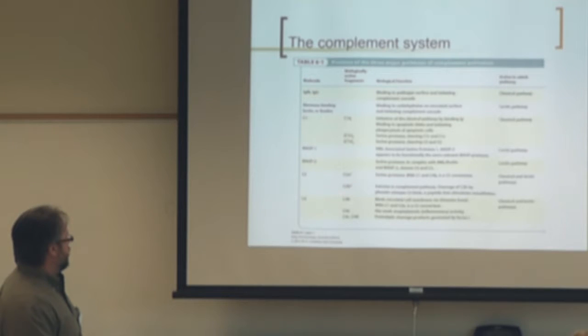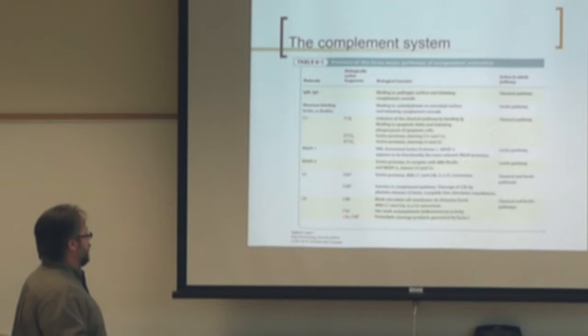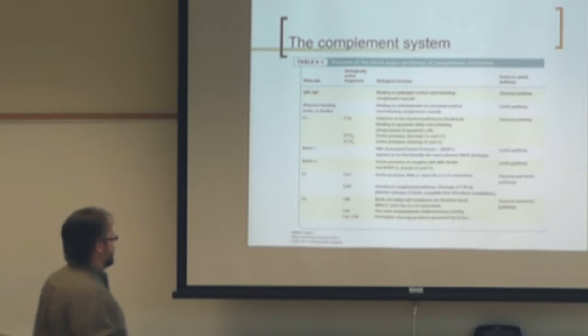For C4, it's the B subunit that's going to bind on the cell membrane with C2A to form that C3 convertase. So these are the ones that make up that C3 convertase. Again, that C3 convertase is the end result of all of these pathways.